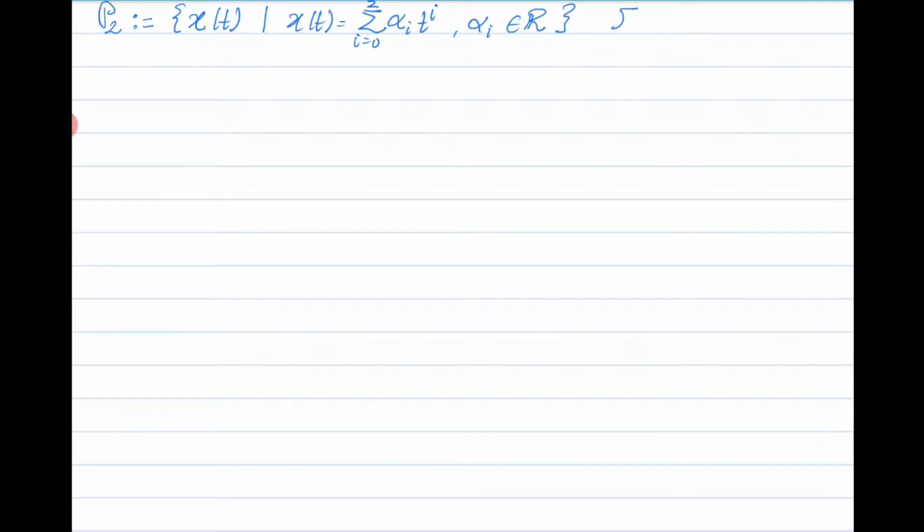Okay, so the field is the reals. Note that these alpha i's are actually the scalar components from this particular field. Now consider the set, let's say x1, which is 1 and t.